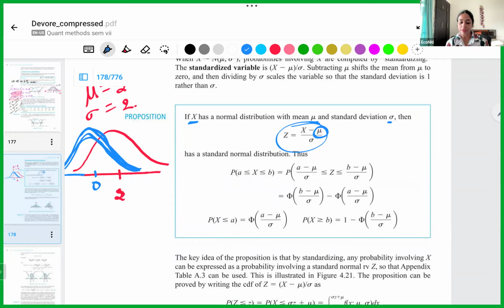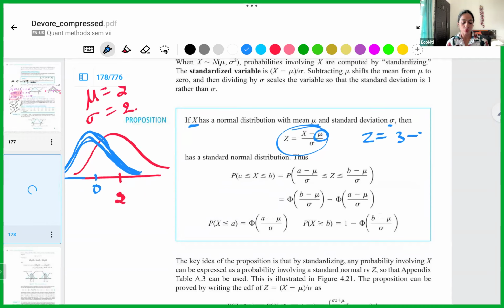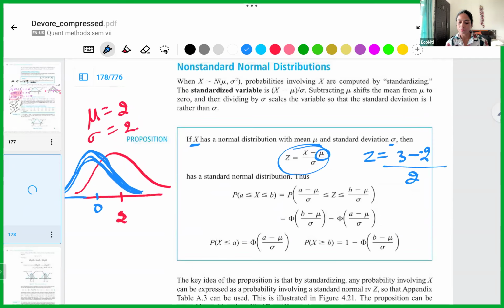Whenever x takes a value 3, z will be equal to 3 minus mu, which is 2, upon 2. So 1 by 2.